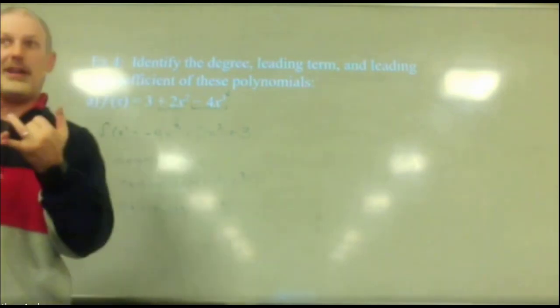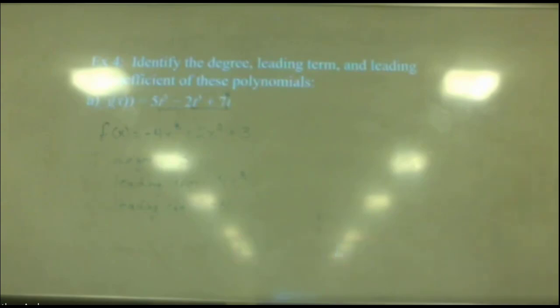So the degree and the leading coefficient are both part of that leading term. That's why the leading term is so important. Okay, does that make sense on that example? Any questions before we go on to another one? All right, so degree is 3, leading term, got that.